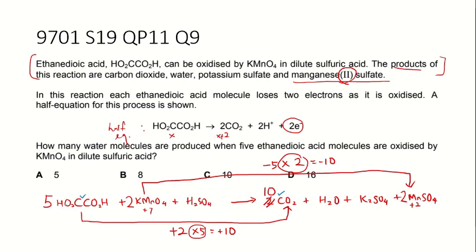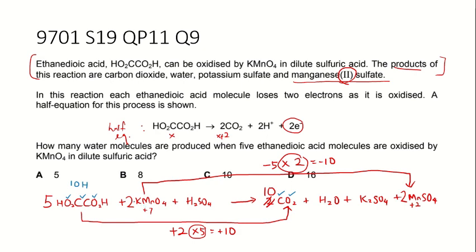Now oxygen: 2 oxygen plus 2, 4 oxygen multiplied by 5, 20 oxygen, and times 2, 20 oxygen. Number of oxygen balanced. Now I have H here, 2 hydrogen atoms multiplied by 5, 10 hydrogen atoms, not balanced yet from ethane dioic acid molecules.